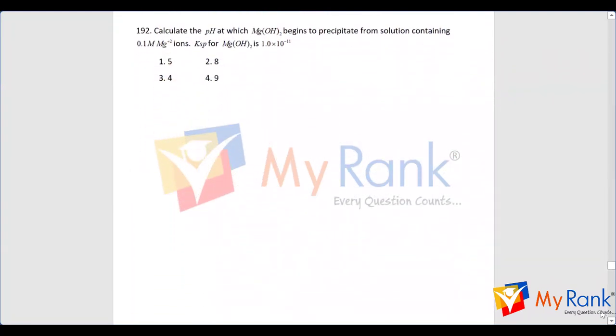Question number 192. Calculate the pH at which magnesium hydroxide begins to precipitate from a solution containing 0.1 M magnesium +2 ions. If the ionic product is equal to Ksp, precipitate formation will start.